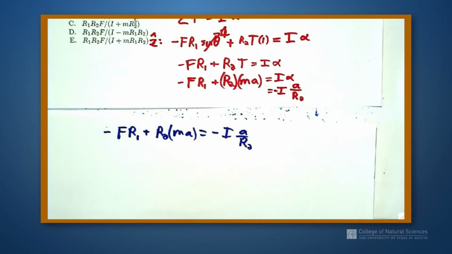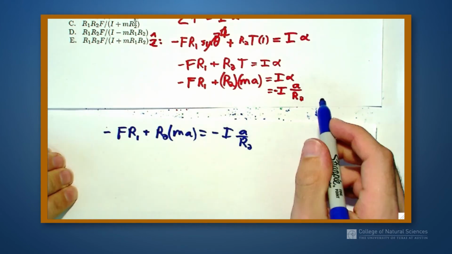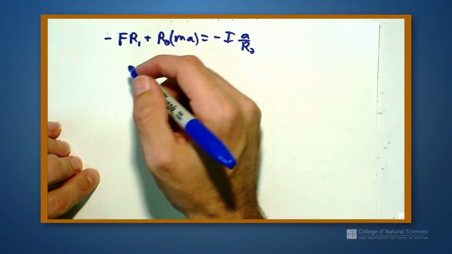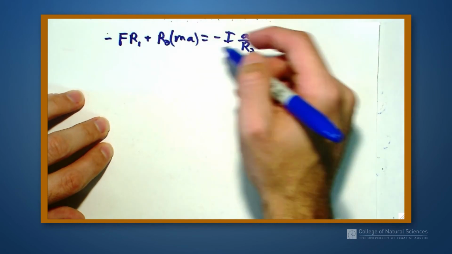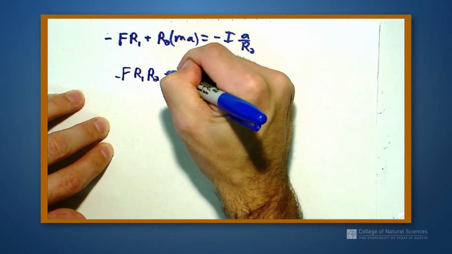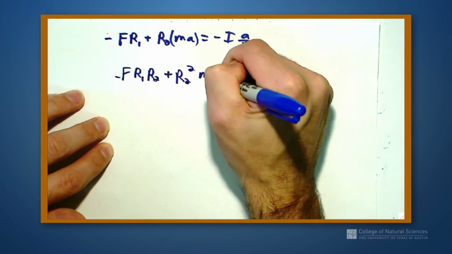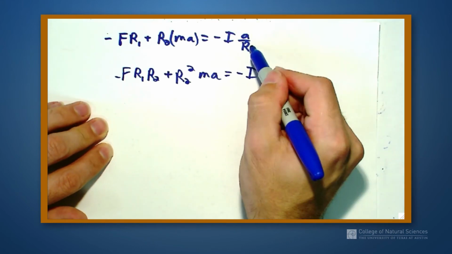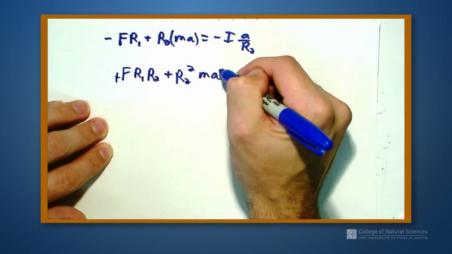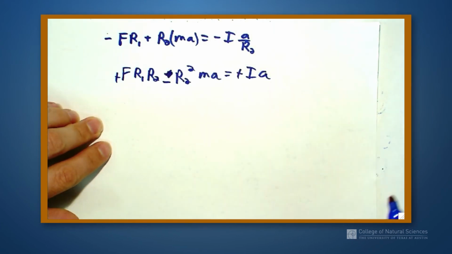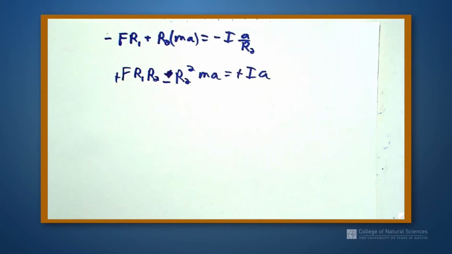Now I want to solve for A, because that's the value that I want. Move this away, slide up, make sure that we can actually see what we're writing. I get that minus FR1R2 plus R2 squared MA is equal to minus IA. I just multiplied through by R2. I'm going to change this to a minus sign because it makes my minus signs work out a little bit better.